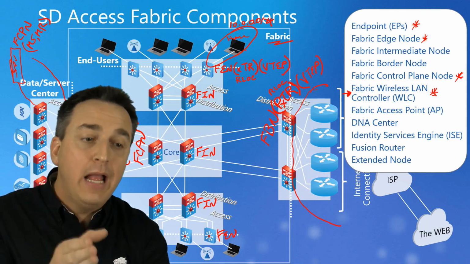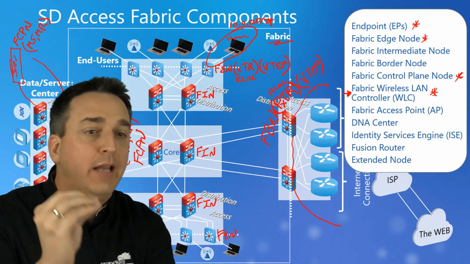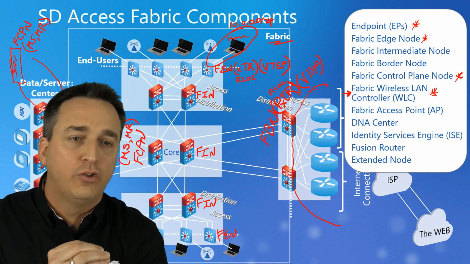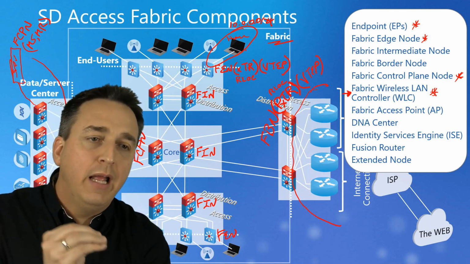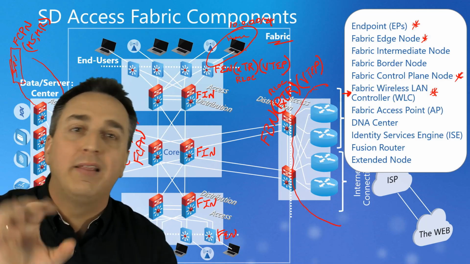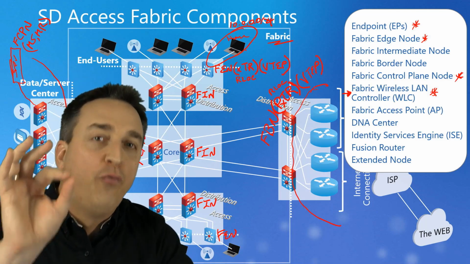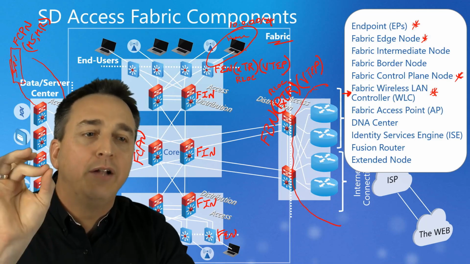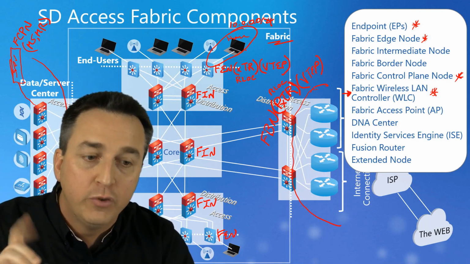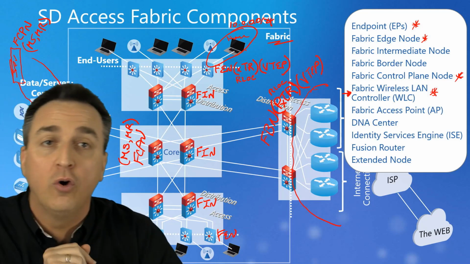So you would need fabric-enabled access points, and then you have a fabric-enabled wireless LAN controller. And that controller has the ability to do what? That's so important. Forward client registrations and all roaming information to who? To the fabric control plane node.